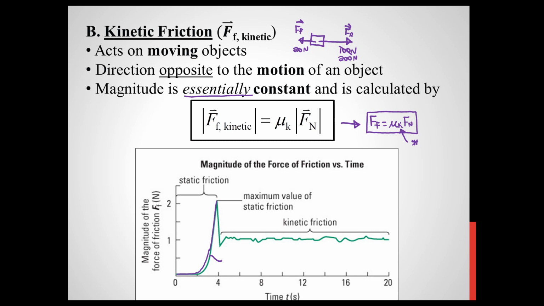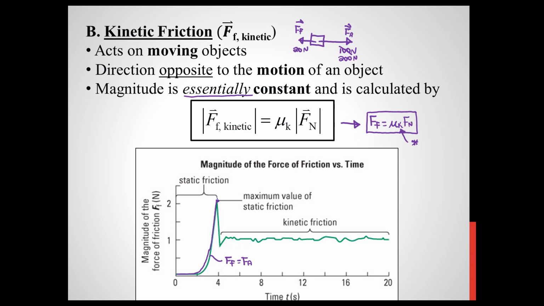The reason it keeps changing is because in this part of the graph, your static force of friction is going to match whatever the applied force is. So presumably what's happening in this scenario is a person is just pulling on the object harder and harder. And as they pull harder and harder, the force of friction just matches that equal and opposite force.